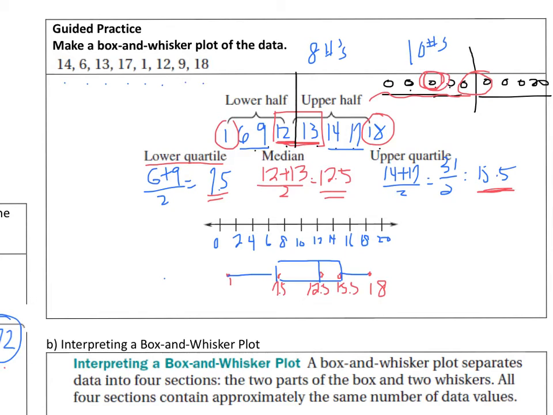And versus this example here where we have 8 numbers, you had to add 6 plus 9 and divide by 2 to find the lower quartile. And here, same thing for the upper half, you just take the middle number of the 5 numbers, 1, 2, 3, 4, 5. So you better understand the difference between 10 numbers and 8 numbers and how to divide these numbers equally.